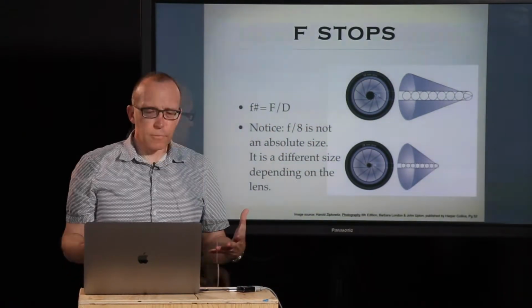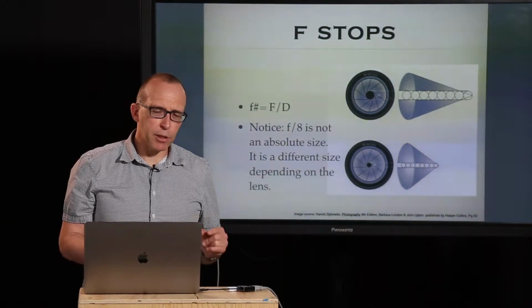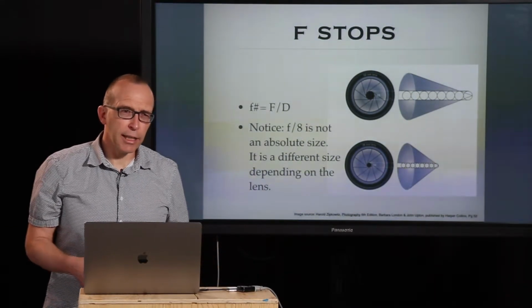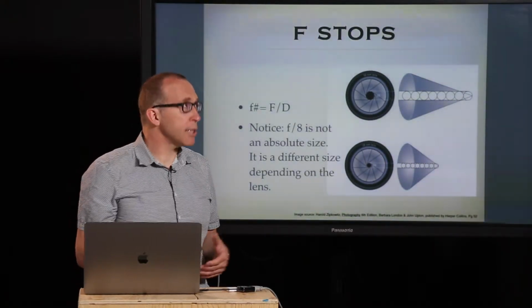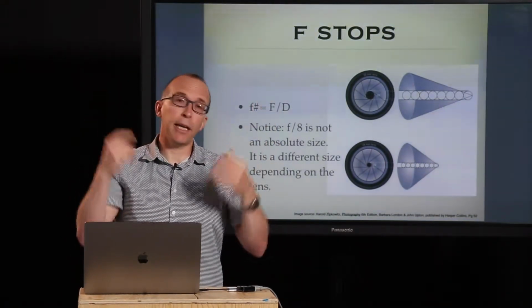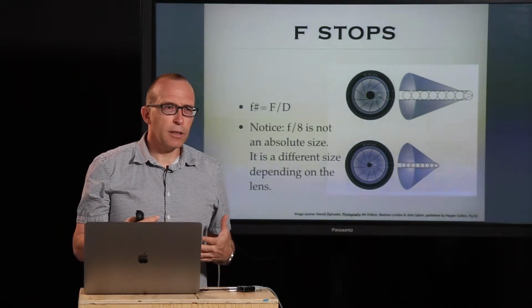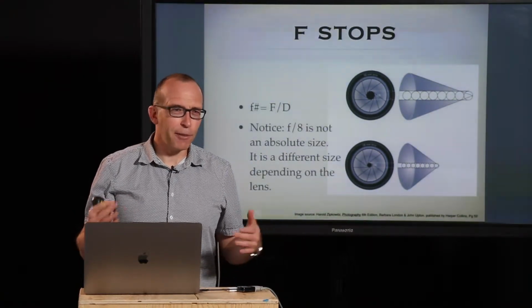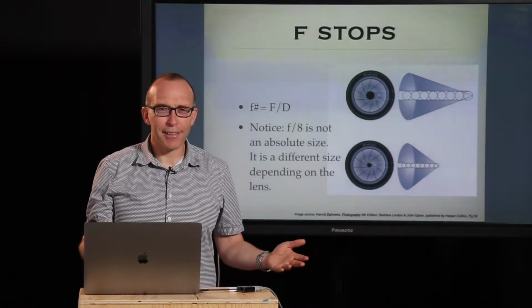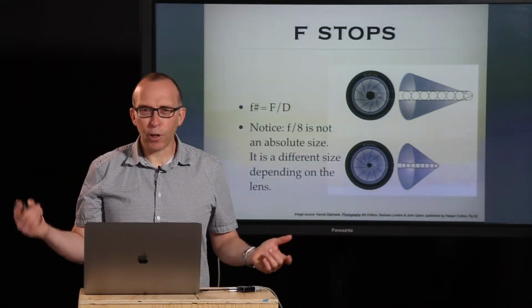So what that's illustrating for us is that f8 is not an absolute size. It's not like if I were to measure one of the ceiling tiles above my head here. Each one of them is 2 feet by 4 feet. No matter where I go in the world, 2 feet by 4 feet is the same size. A centimeter here is a centimeter anywhere else.